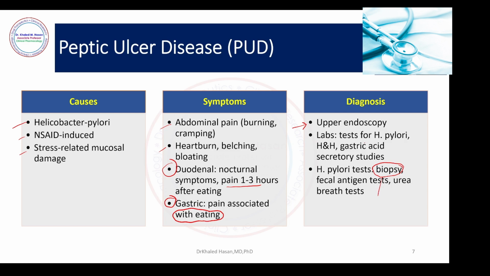We have some other tests for H. pylori, such as the urea breath test. So endoscopy, biopsy, the urea test, and other tests could be used for diagnosis, and these will be explained in detail in other courses. So as you can see, we have causes, symptoms, and then diagnosis.